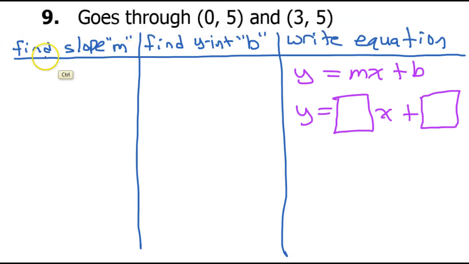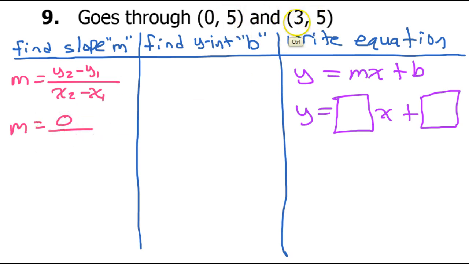So let's start by finding the slope m. Remember that the slope is y2 minus y1 over x2 minus x1. So y minus y. Well, that's strange. Uh-oh, this is a special case. 5 minus 5, that is 0. Okay, and then 3 minus 0. You know, I should be writing this down.